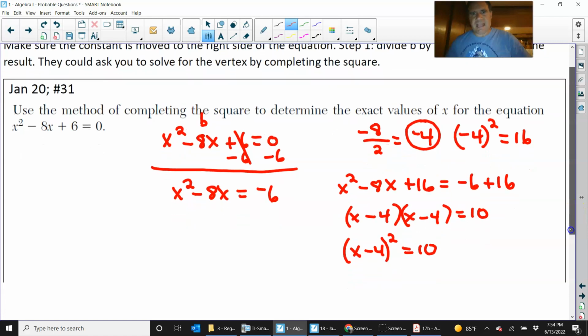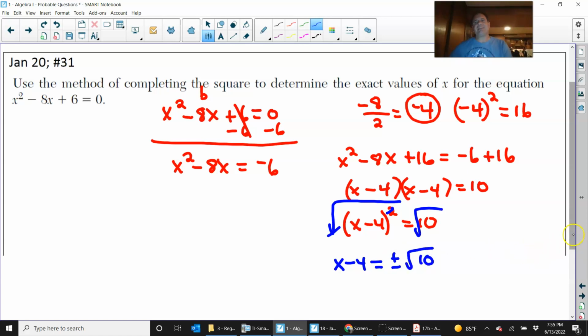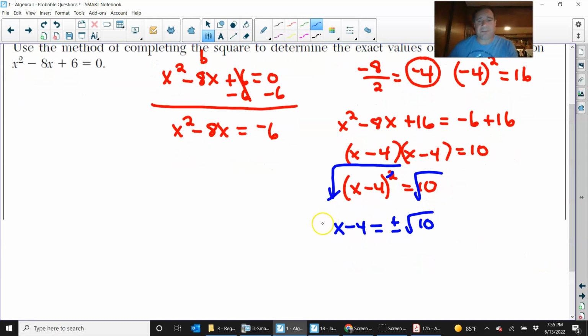We're figuring the exact values of x, so that means you have to solve for x. The opposite of squared is square root. So we're going to square root both sides, and we're going to have x minus 4 equals plus or minus the square root of 10. Since we're looking for exact values, I am not solved for x yet, so I'm going to rewrite this as two separate equations.